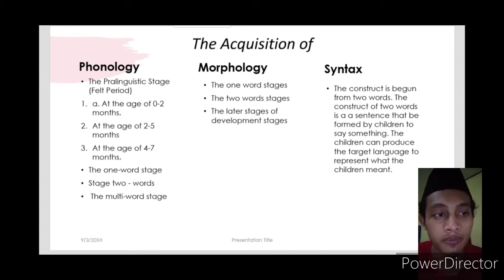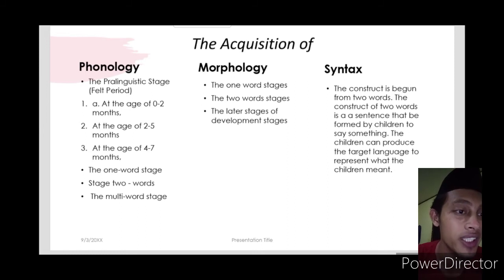For example, action and object. When the children would like to say something about an action and an object, they use two words, for example, "kick ball." Kick is the action and ball is the object.